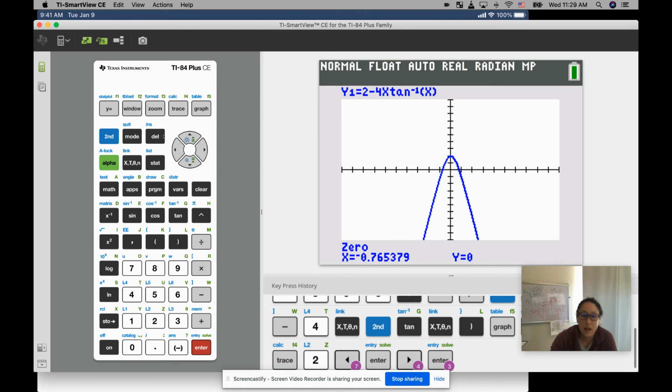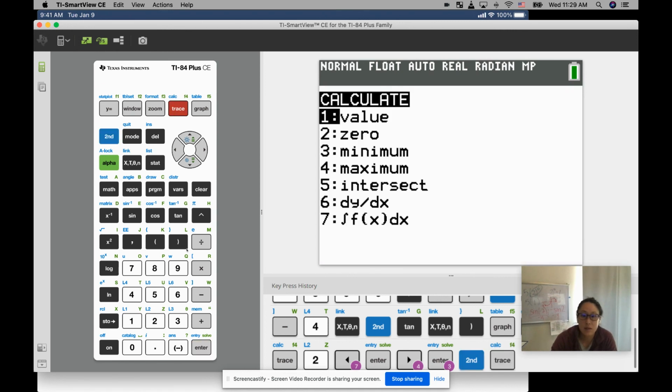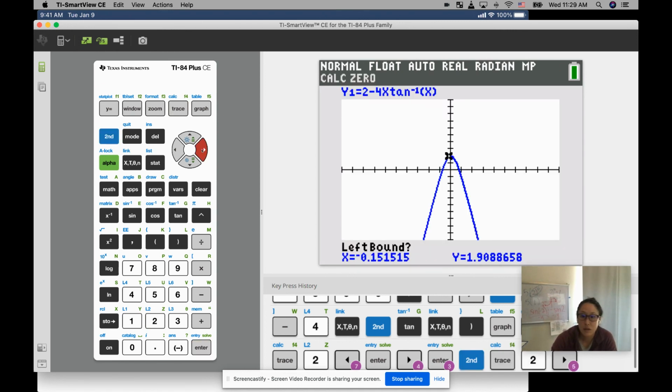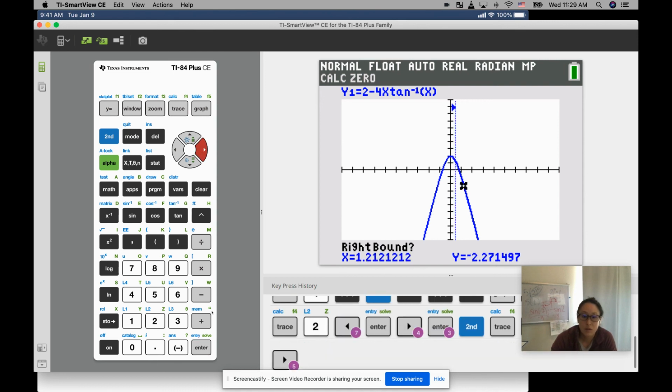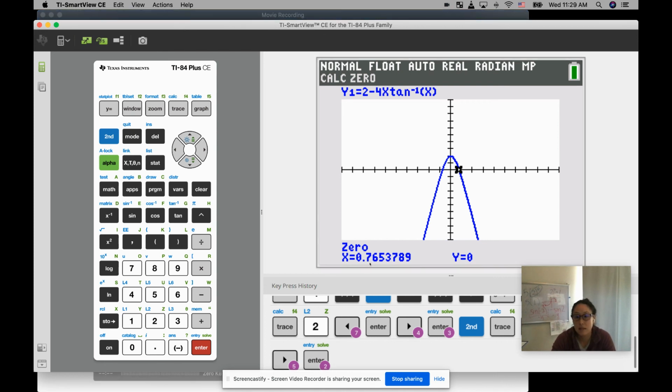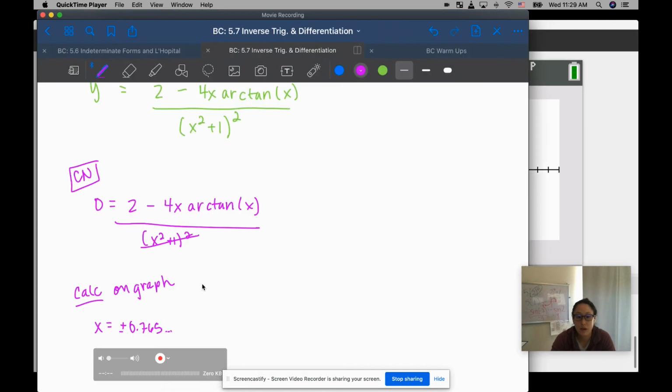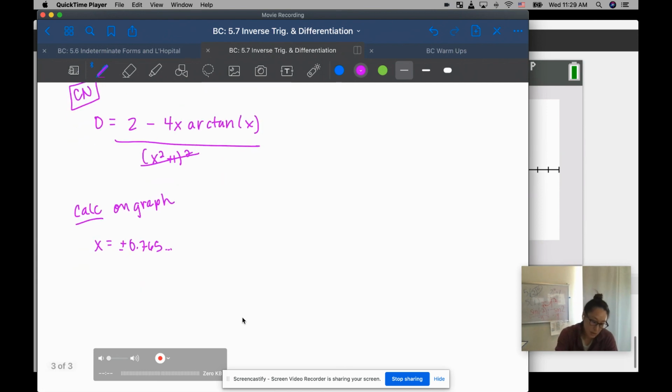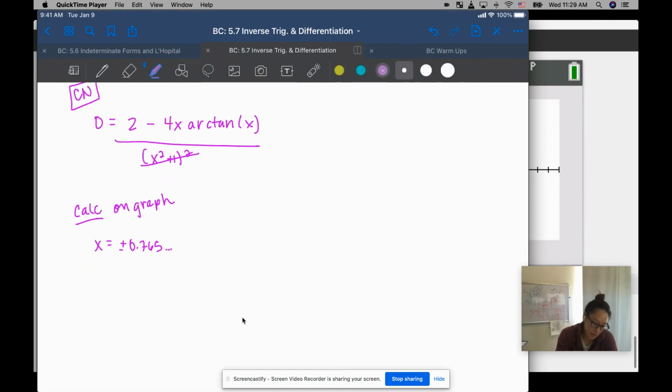Okay, and then let's go ahead and find the right 0. So left bound, left of the 0, right of the 0, guess, and I see that this is symmetrical, so we also have a 0 at plus and minus 0.765. So I wrote that on my paper. Okay, so plus and minus 0.765.